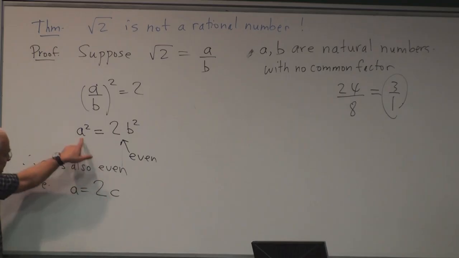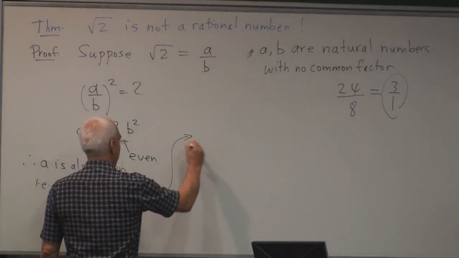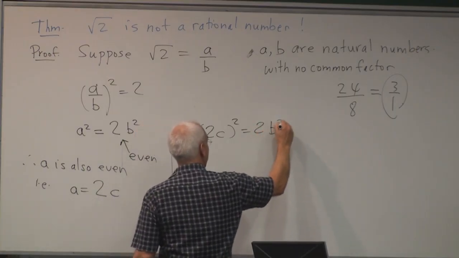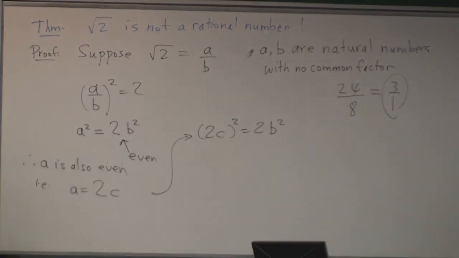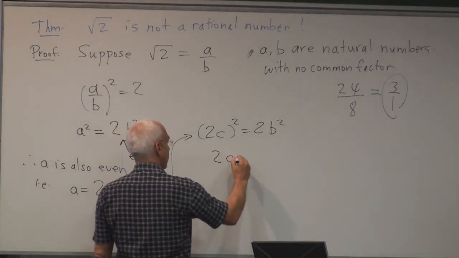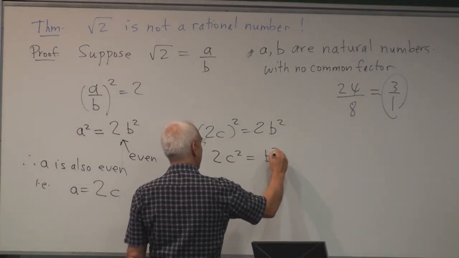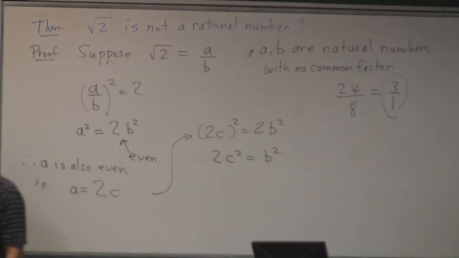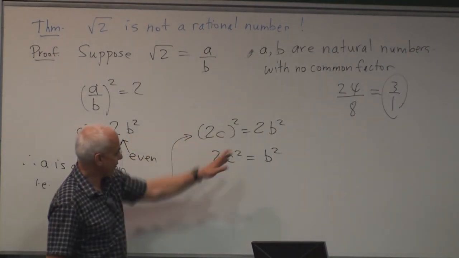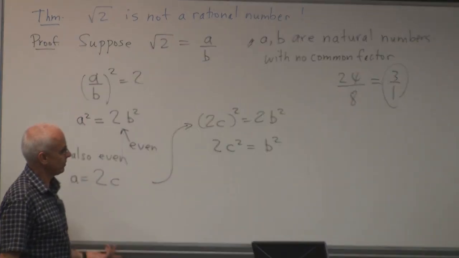All right, now we're going to plug that back in here. Now we get 2c all squared equals 2b squared. And when we expand this out and divide by 2, we get 2c squared equals b squared, because there was a 4 and a 2, and the 2's cancel, so we have 2 on this side.